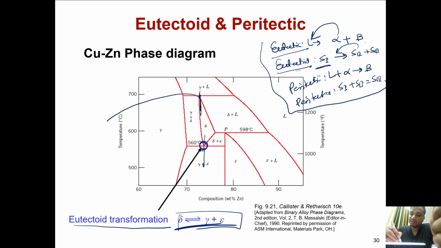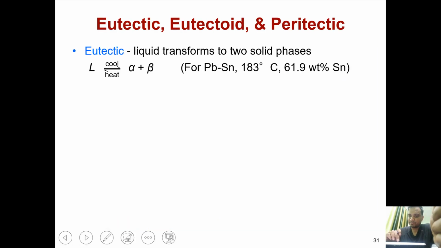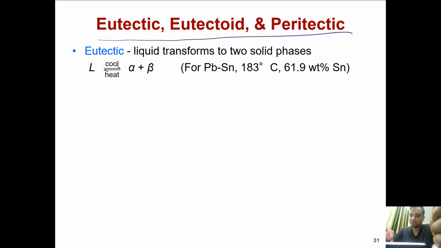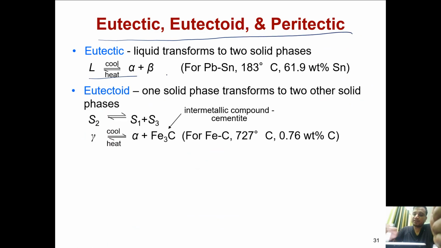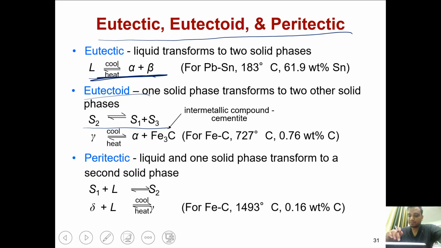So this is a peritectic reaction, peritectic transformation. So what are these eutectic, eutectoid and peritectic? Here, liquid is changing to alpha plus beta, this is eutectic. Then eutectoid, a solid is changing to 2 kinds of solids. Then peritectic, liquid plus solid gives you another solid.